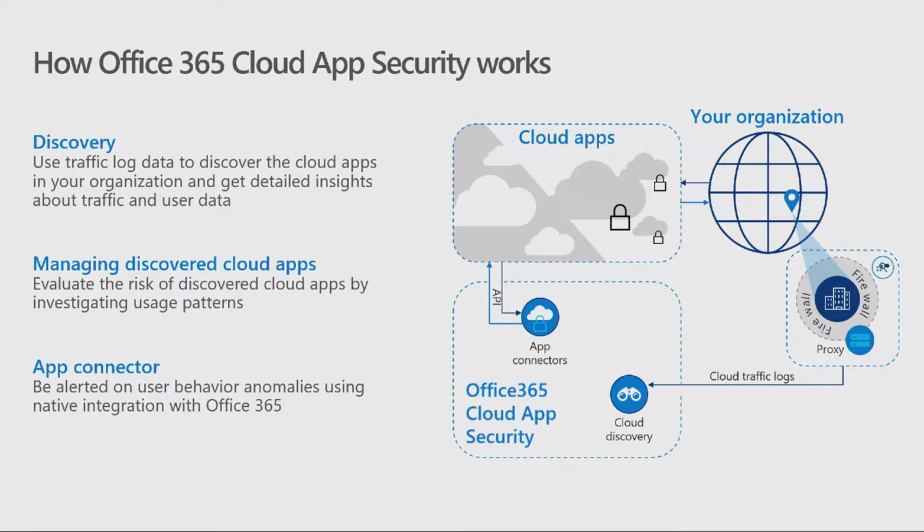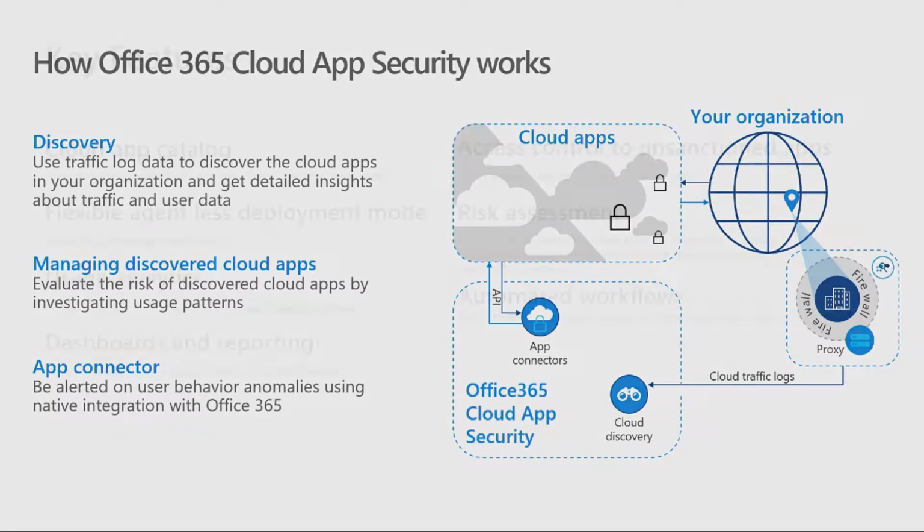We can also give you detections around that, such as impossible travel, where the user is logged in from 2 different geos within a short period of time. If that happens, you can take a remediation action, such as suspending the user account or notifying the user if this is something abnormal.